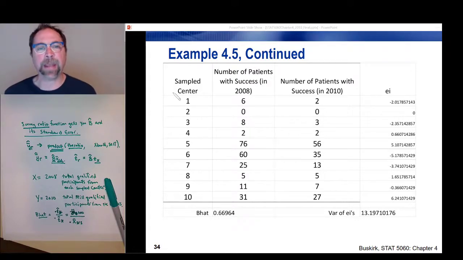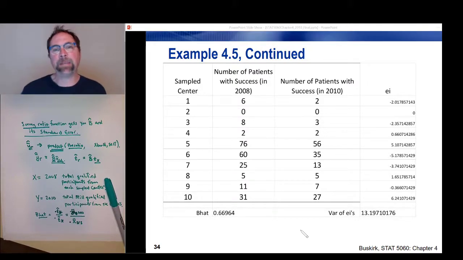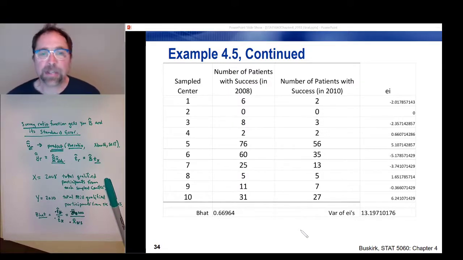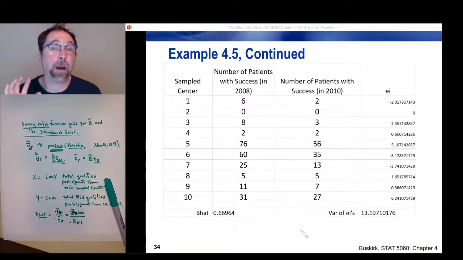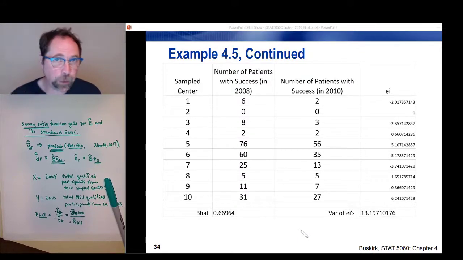The first tab only has this setup, and it asks you to fill out these things. So if you're not sure what these are, you can go back to the notes originally. And then you can, from these things, compute the overall estimate and the standard error. Now in this case, I don't want a y bar estimate. I don't want a total estimate. What I want is the proportion.